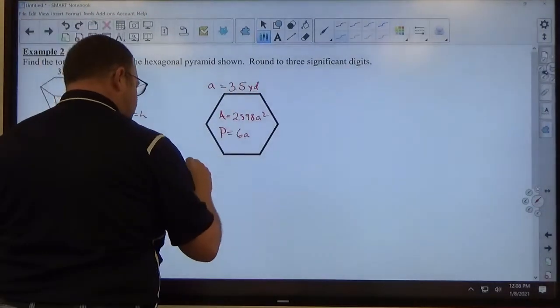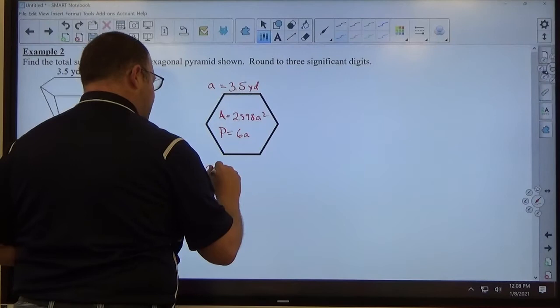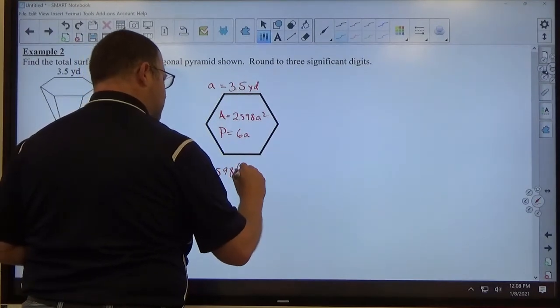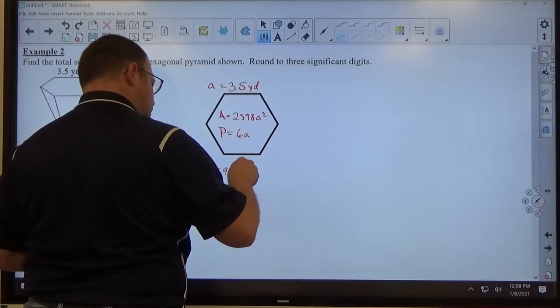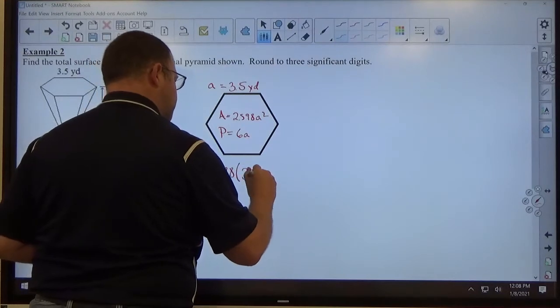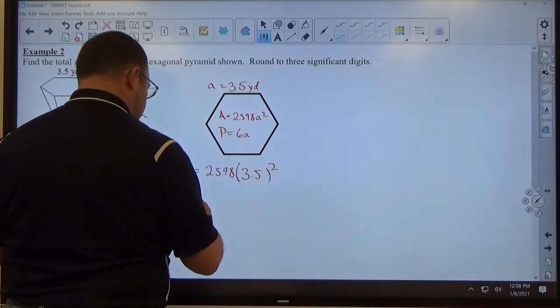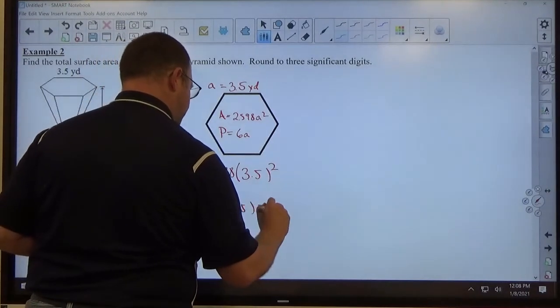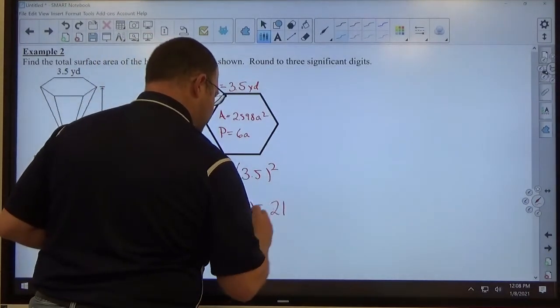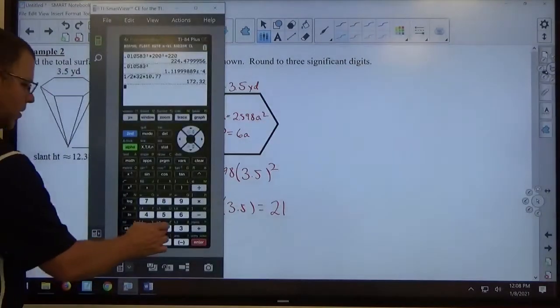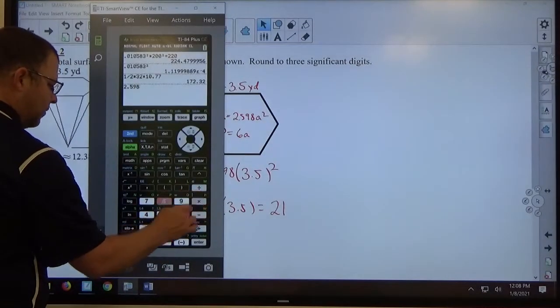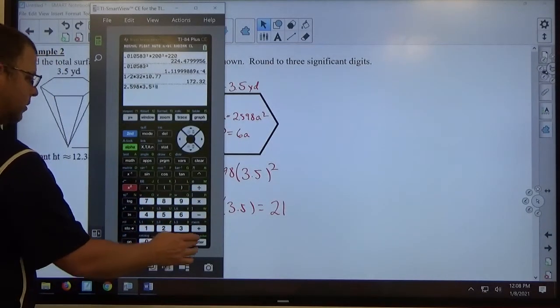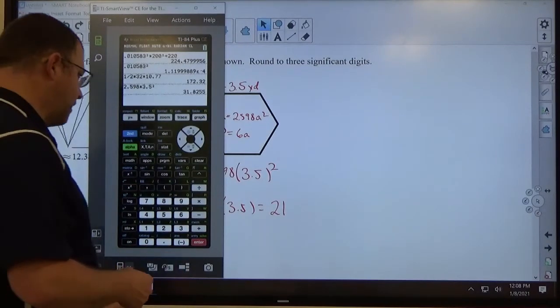So the area of my regular hexagon is 2.598 times A squared. My perimeter is 6 times 3.5. 6 times 3.5 is 21. 2.598 times 3.5 squared is 31.8255.